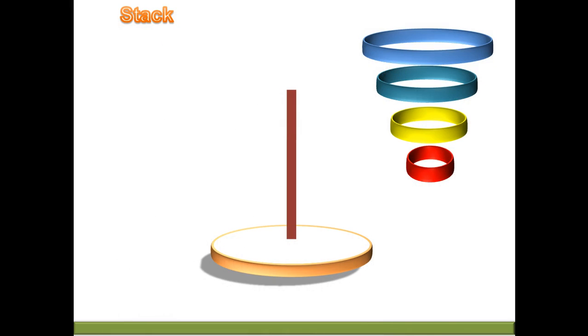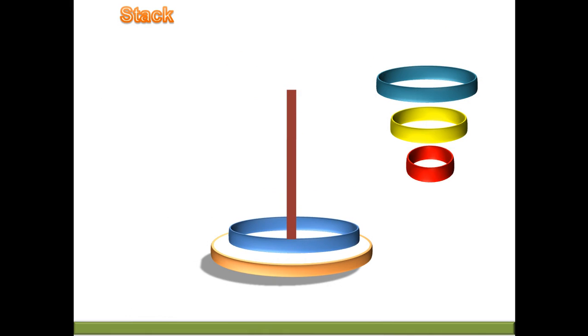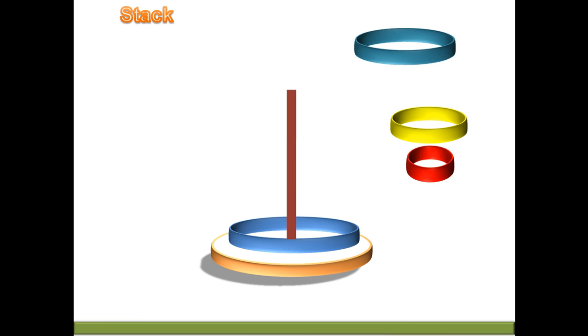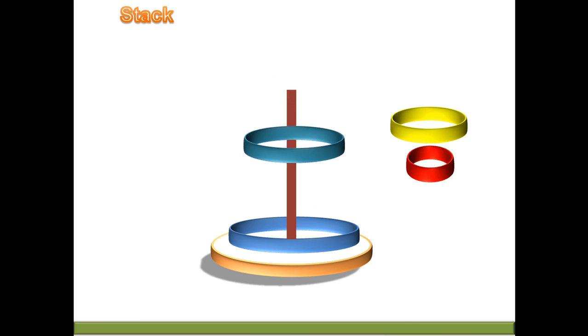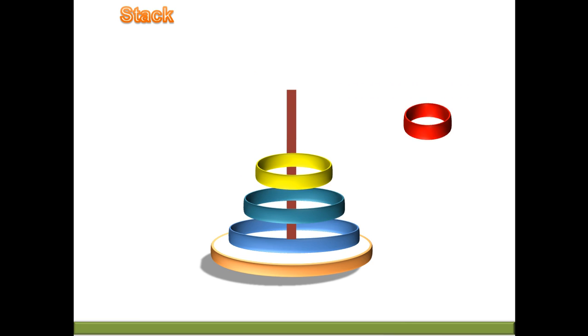Let's understand this by an animation. LIFO can also be termed as stack. So here you can see the rings get stacked on each other, that is that they have been placed on each other. Now you have seen the biggest ring entered into the system very first, and the red ring entered into the system very last.